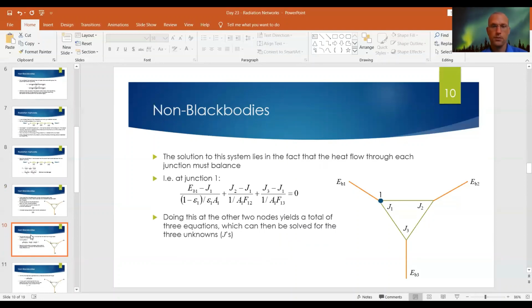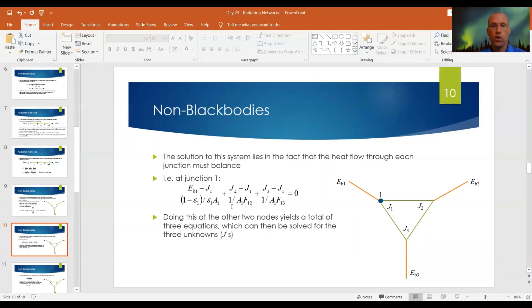To solve this system, generally what you have to do is look at the equation at each node. At each node, for example, this node 1 right here, whatever energy comes in has to equal whatever energy comes out, just simple energy balance or conservation of energy. If I look at this node 1, simple conservation of energy gives me EB1 minus J1 over that resistance. So this is basically coming in this line.